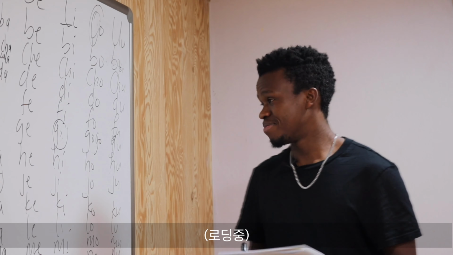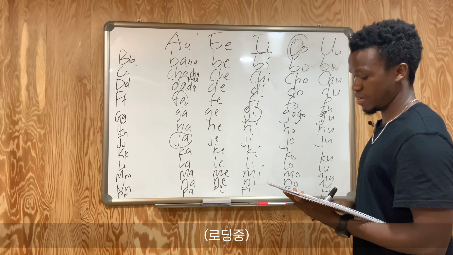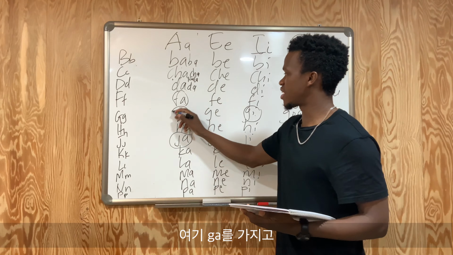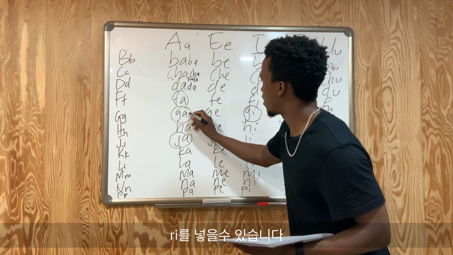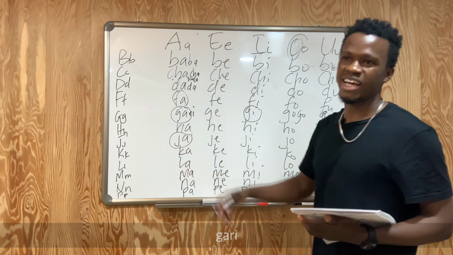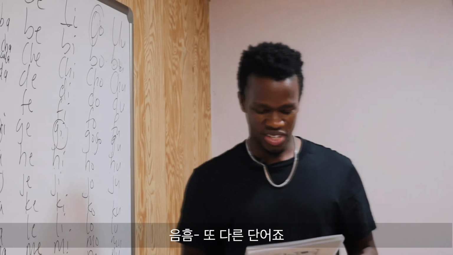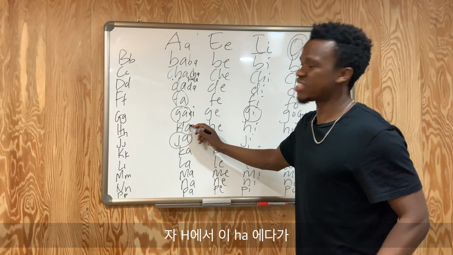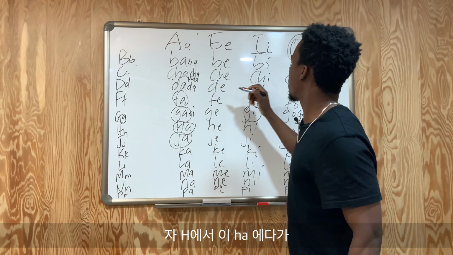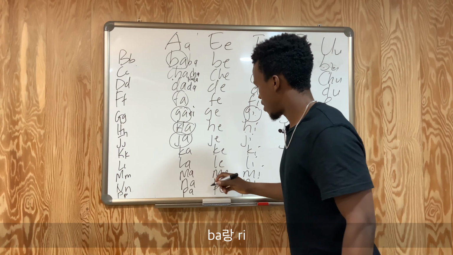Or we have another word called gari. You can take ga, and then I didn't write it here, but you can add ri. Gari means car. It's another word. And for H, we can take ha, ba, and ri.